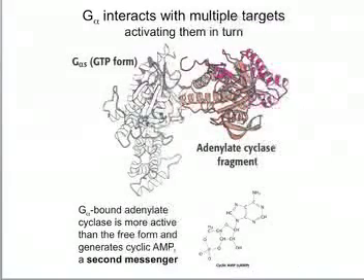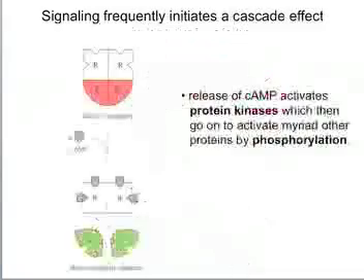And of course, we've discussed before, adenylate cyclase takes ATP and converts it to cyclic AMP, and here's that cyclic form. And this molecule then goes on to act as a second messenger intracellularly.